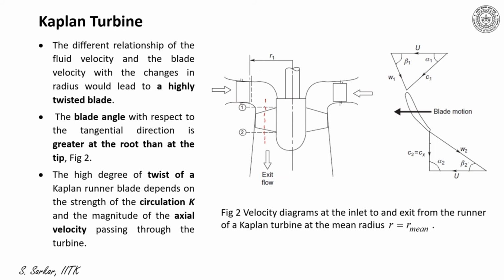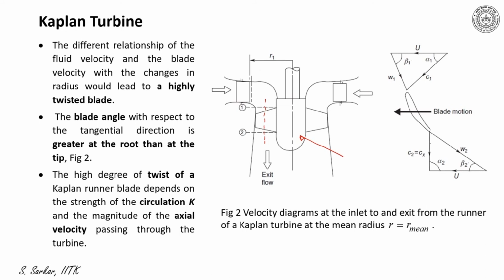However, as I indicated earlier, this is the runner of a Kaplan turbine. This is actually the hub, and the blades are mounted on the hub, and the blades are aerofoil constructions. And section 1 indicates the inlet to the blade, while section 2 indicates the exit from the blade.